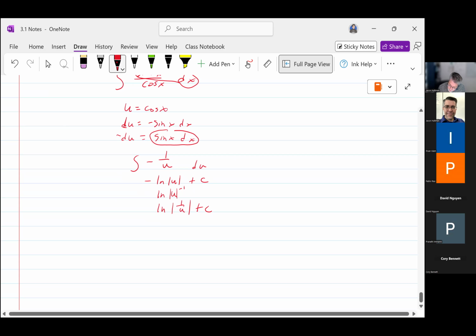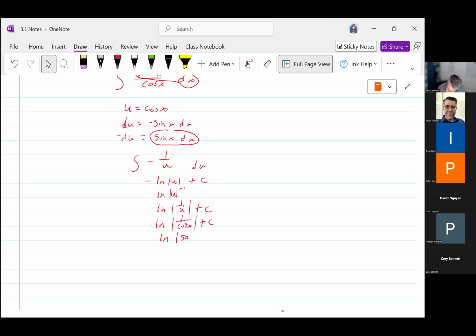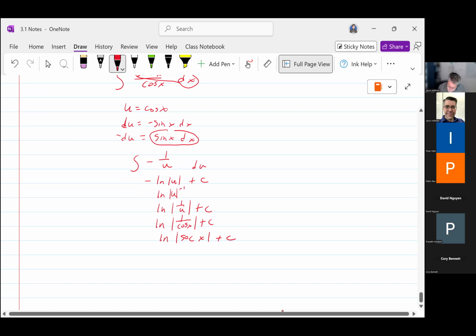But what was u? u was cosine x. So this is the natural log of 1 over cosine x plus c, which is the natural log of, what's 1 over cosine x? Secant x. So the natural log of secant x plus c.